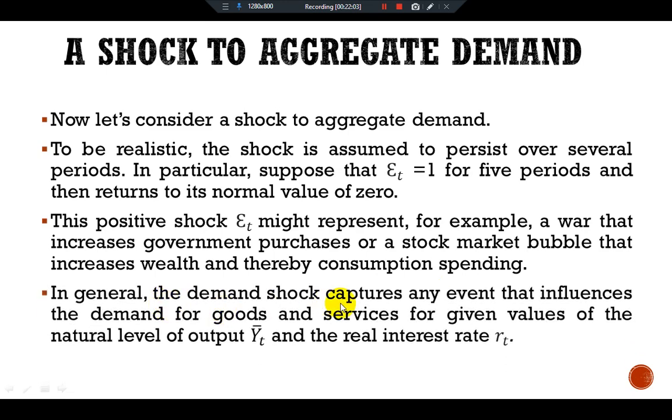In general, the demand shock captures any event that influences the demand for goods and services for given values of the natural level of output y bar t and real interest rate r t. So let's see a graphical presentation for this purpose.